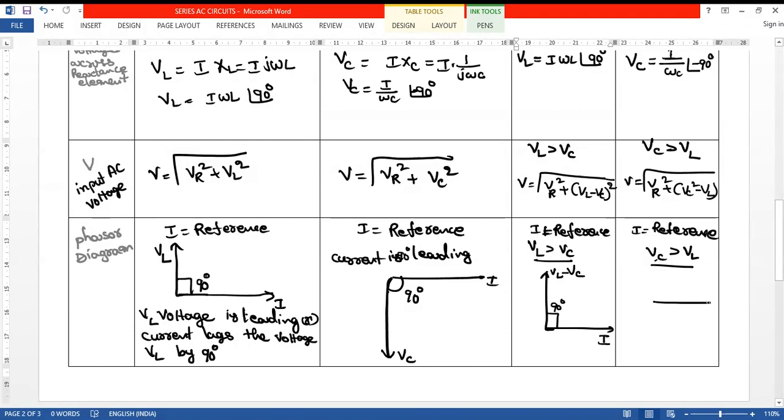Here also we take I as the reference. Here it is VC minus VL, current is the leading one. Here voltage is the leading one, with a 90 degrees difference.